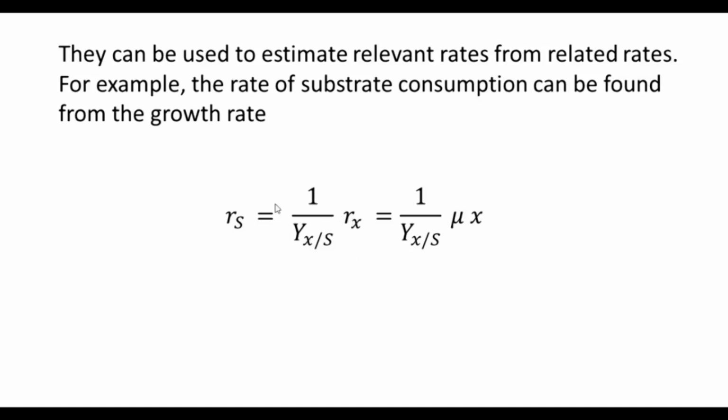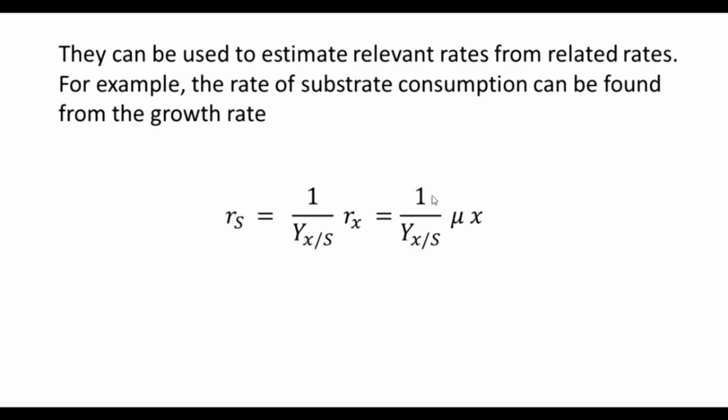This comes directly from the definition of the yield coefficient itself. Amount of cells produced by the amount of substrate consumed, those are amounts, is the yield coefficient. Therefore, if you are looking at substrate, it will be 1 by Yx/s times Rx. This is rate of substrate consumption, rate of cell formation. So, going by our first model, this can be written as Rx equals mu x.